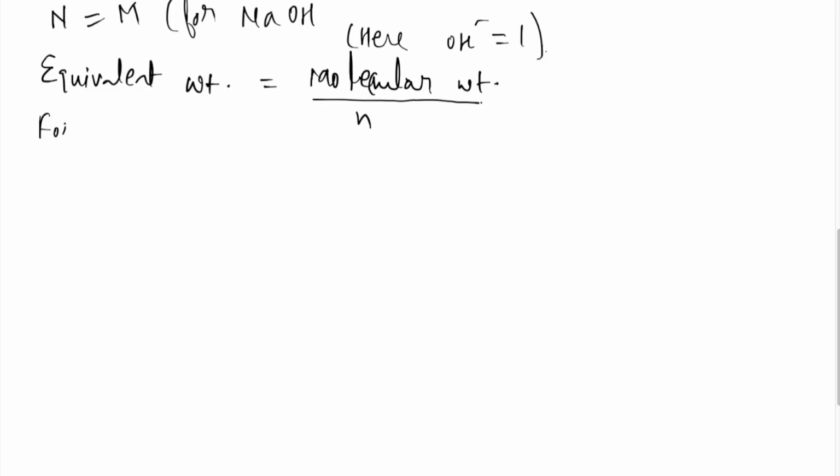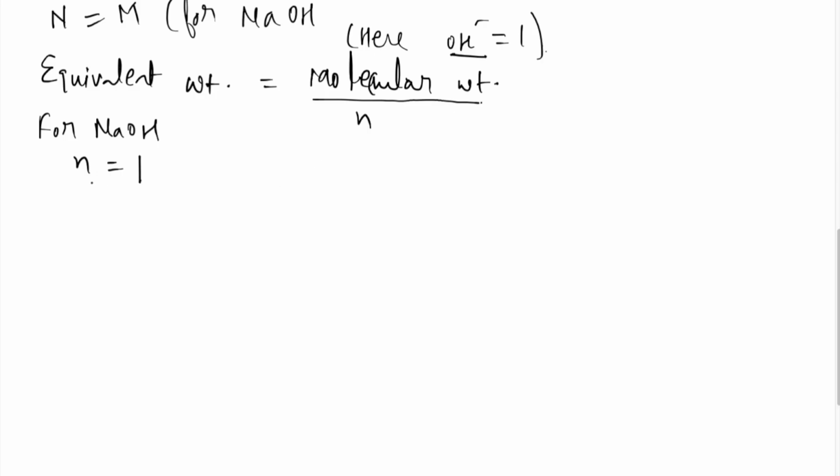So for NaOH, we know that N is 1. Why? Because for NaOH, we have replaceable OH negative ion equal to 1. Similarly, for acids, for example HCl, the replaceable H plus ions are 1. So for HCl also, N is equal to 1. For oxalic acid, the replaceable H plus ions are 2. That's why the N factor is 2 for oxalic acid.